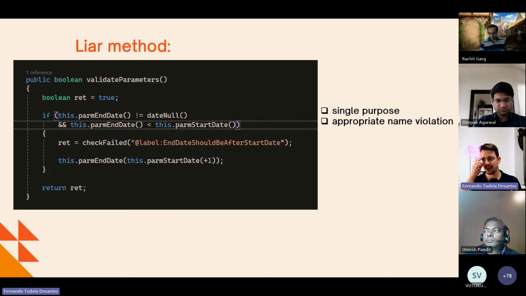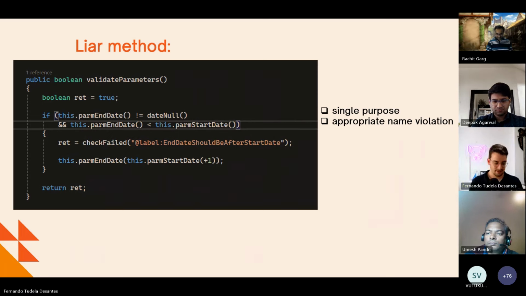So this is an example of the single purpose, very simplified, and this can be extrapolated to any method or any class that is called one thing and is also doing more things behind the scenes. And also, if you want to do this, call these validate parameters and set the end date in case of failing, if you want to not lie, but just create another method. Don't do it like this.